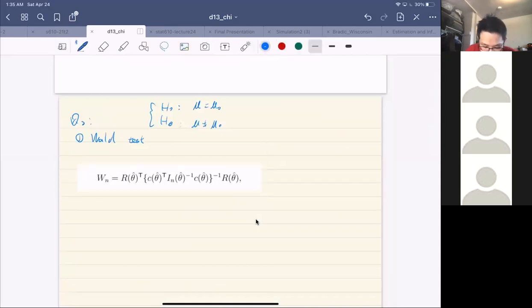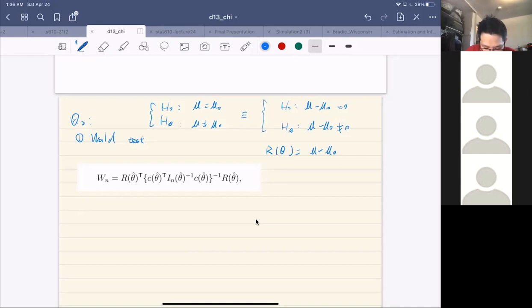We want to transform our hypothesis to the form R of theta, so it must look like this: mu minus mu naught equal to 0, versus mu minus mu naught not equal to 0. So that means R theta is equal to mu minus mu naught.